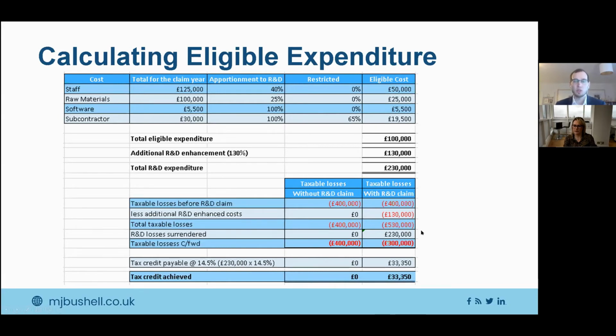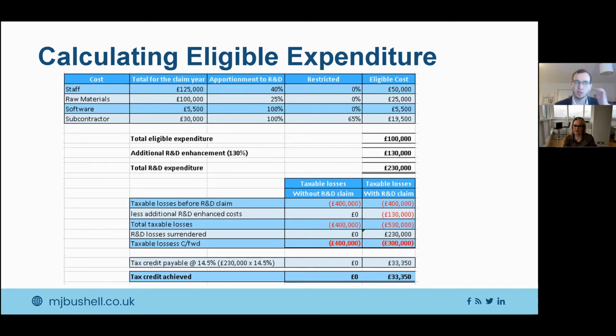Some companies will do this, but only if they expect to start making profits in the near future. If you're not sure, if it's uncertain, you could be sitting there for years with this huge carry forward tax loss and not receive any sort of relief because your company is not making any profit.